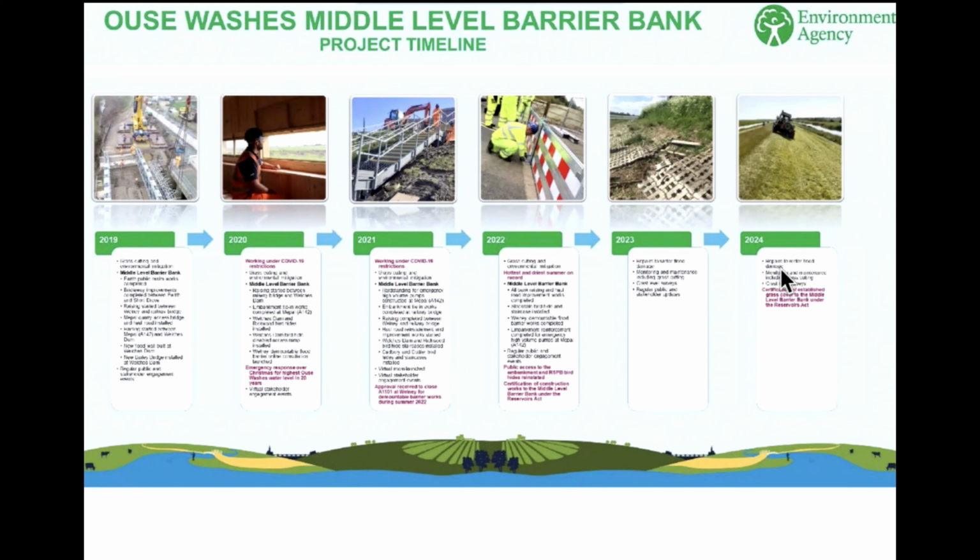We had the highest water level in the Ouse Washes for 20 years. And we had the hottest and driest summer on record. And all of these things created some significant challenges for us, not least because of the environmental sensitivities. We could only work for 16 weeks every summer.